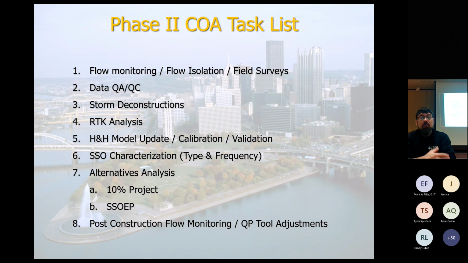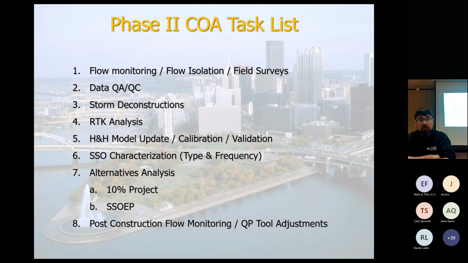You're updating the physical portions of the model, maybe manholes, where information has changed, or there have been parallel line installations, something like that, that you need to incorporate into the H&H model, and then updating your calibration or just validating what's currently there.